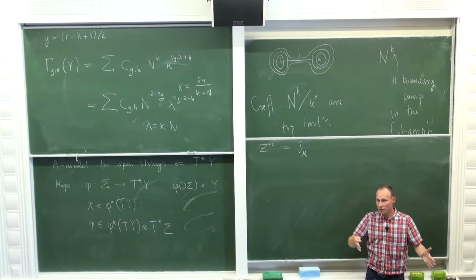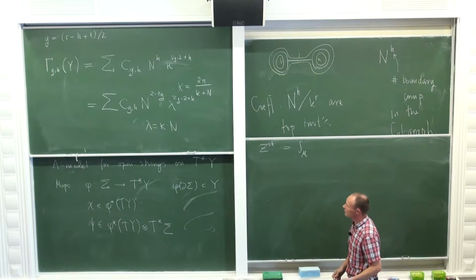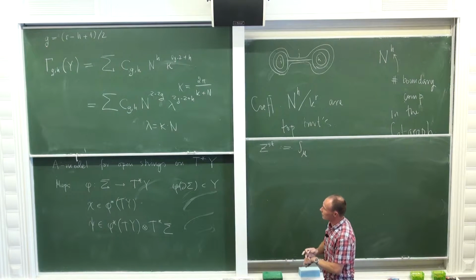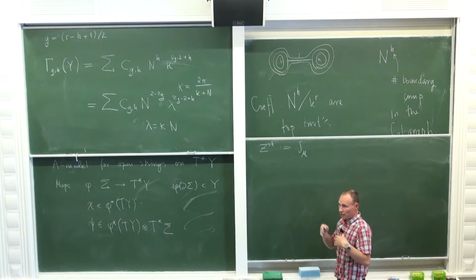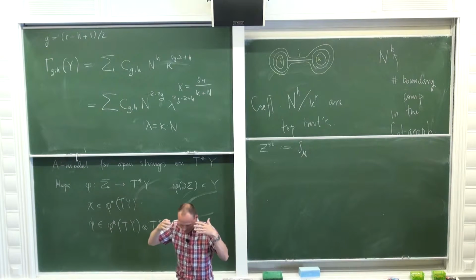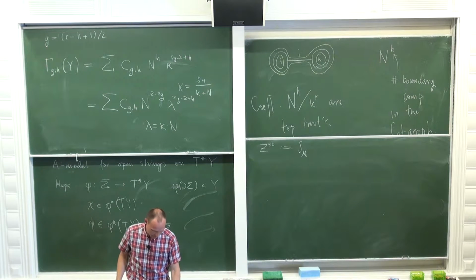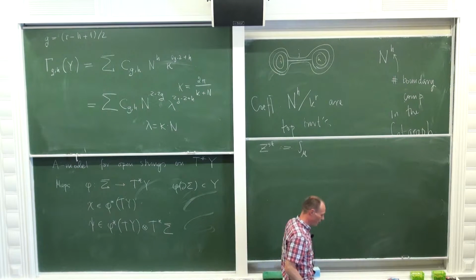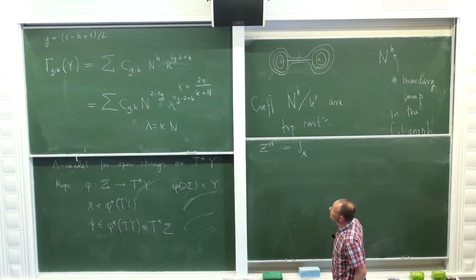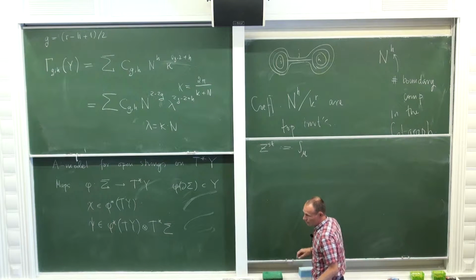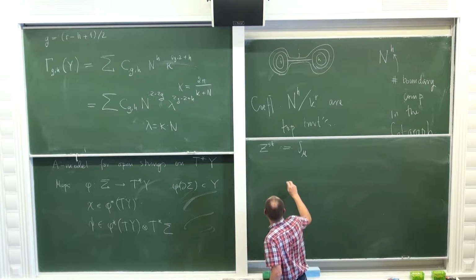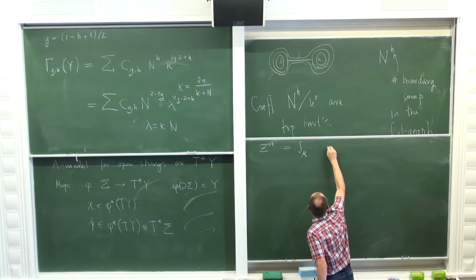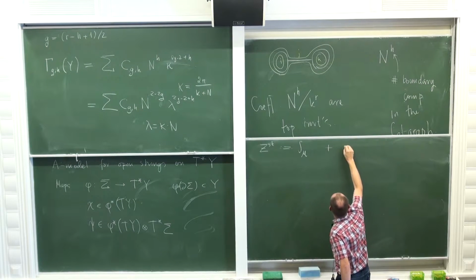And so you'll find that counting solutions here is the same thing as counting, it gives the Chern-Simons partition function. So that is somehow just this thing plus string field theory.